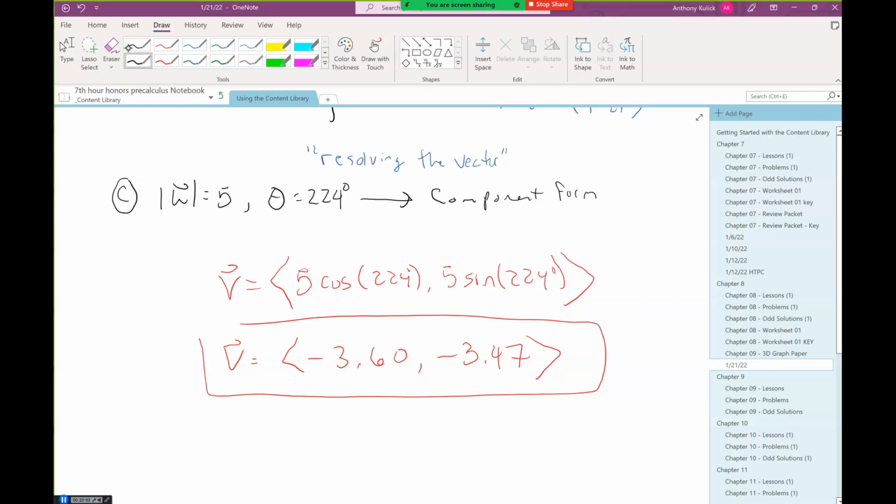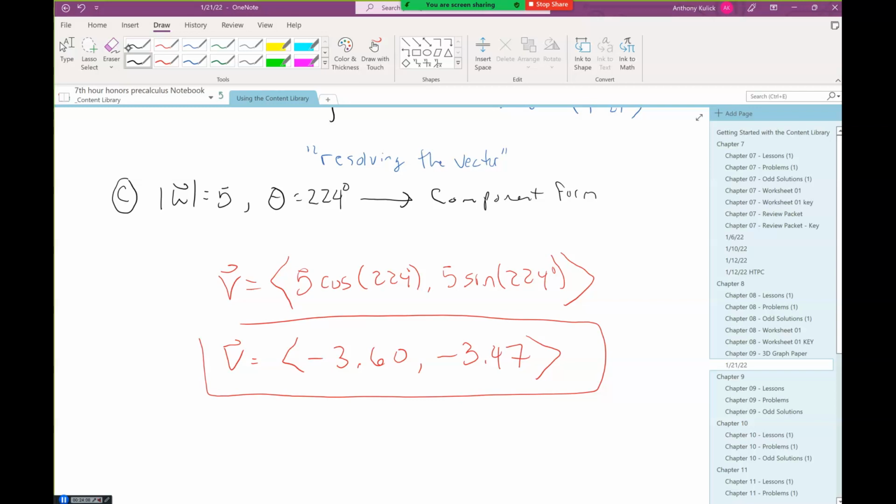So overall, of these 3 representations that we have so far, we'll get a 4th one a little bit later. The 2 that are the most useful to us from a practical standpoint are the component form and the magnitude and direction.